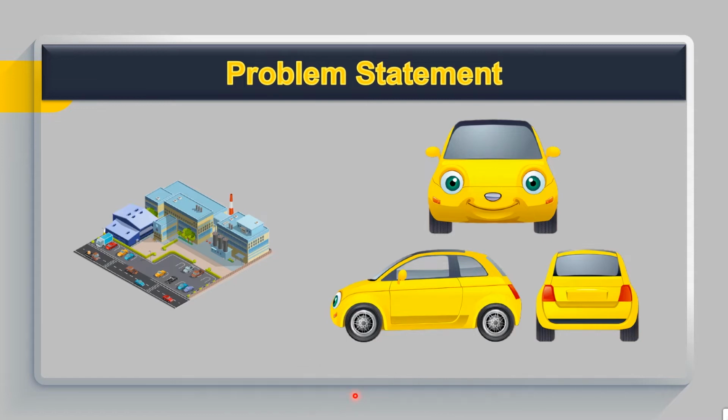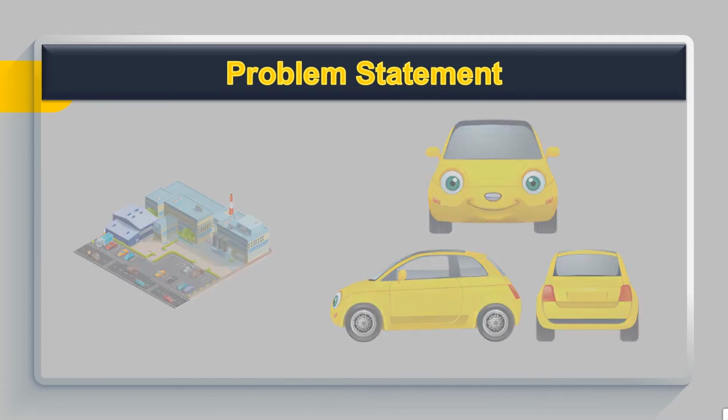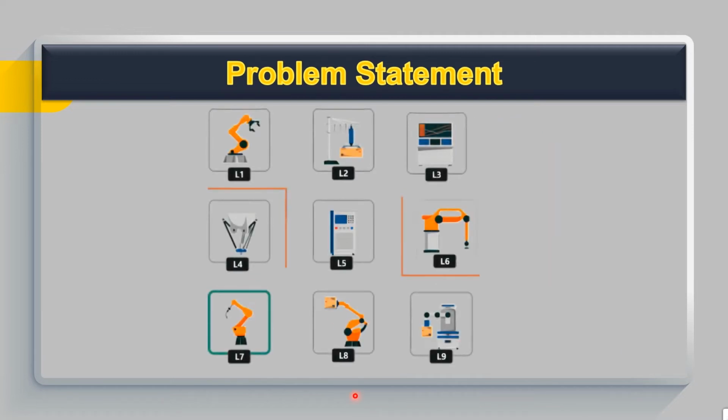And the factory workers have prioritized the location that contains the body or the chassis to be the topmost, but they have provided the priorities for other locations as well, which we'll look into in a moment. Now, these locations within the factory look somewhat like this. So, as you can see here, we have L1, L2, L3, all of these stations.